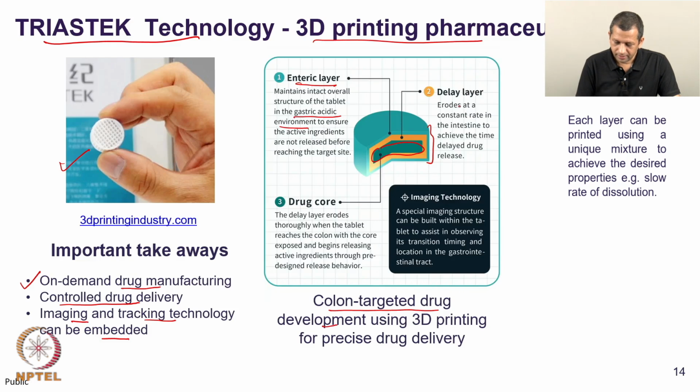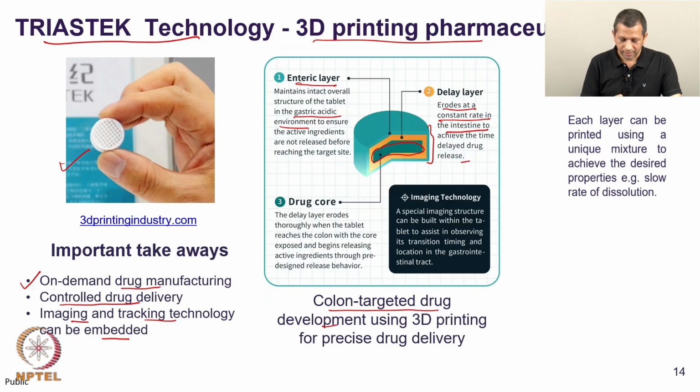In the second layer, we have another type of material which erodes slowly and at a prescribed constant rate while the drug or the tablet travels through the intestine till it reaches the target, which is colon in this case.